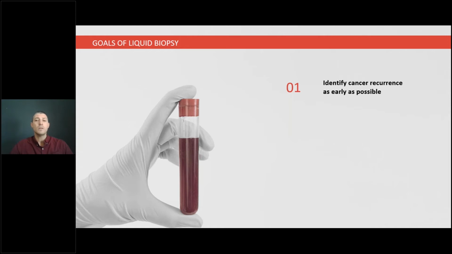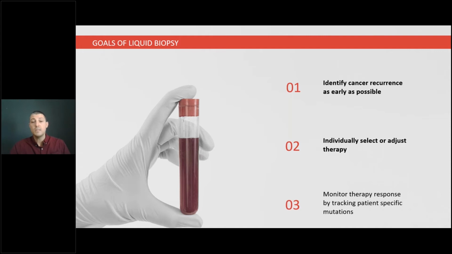There have been studies already which could show that with liquid biopsy, one is able to see cancer recurrence 6 months earlier than by other methods like imaging methods such as computer tomography. Second, we want to individually select and adjust therapies. And third, we want to monitor the therapy response by tracking patient-specific mutations.